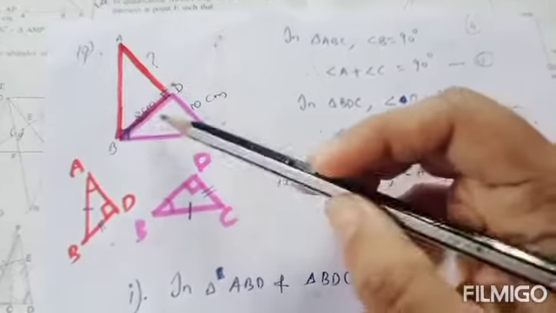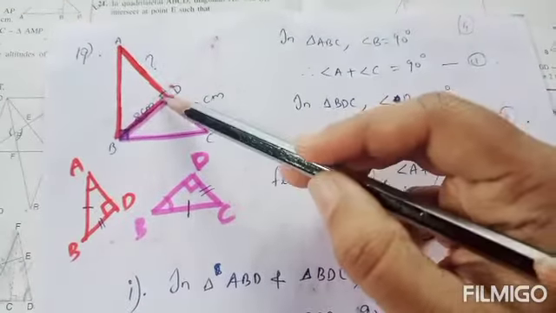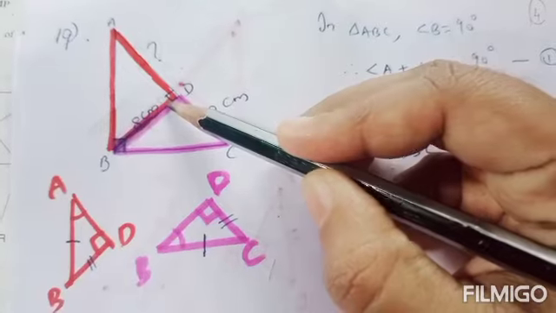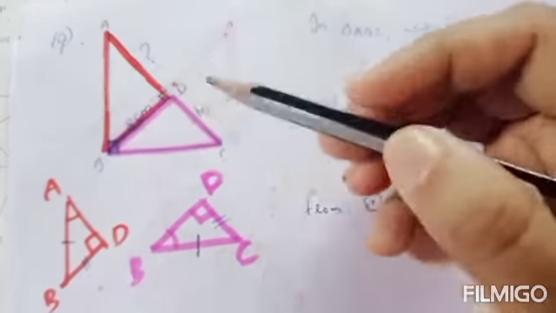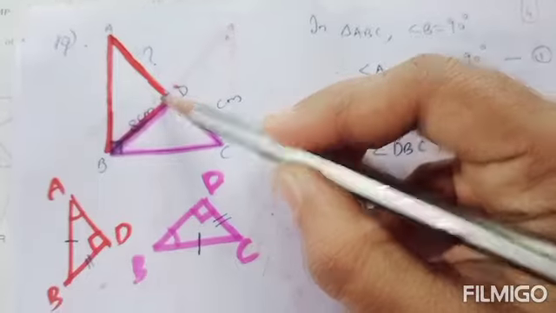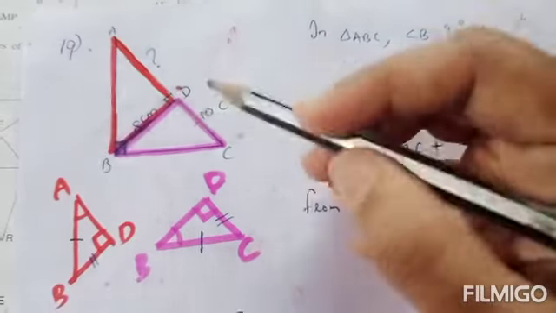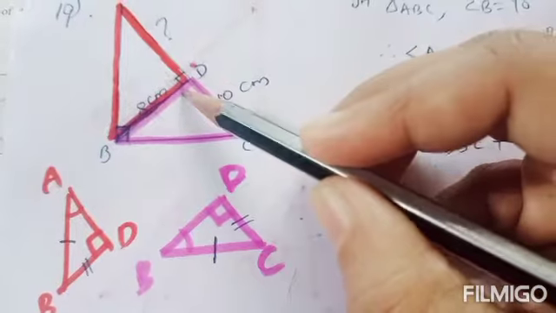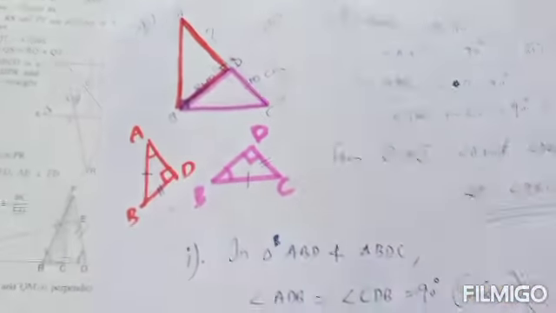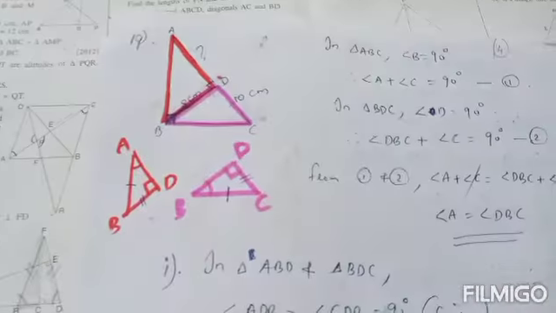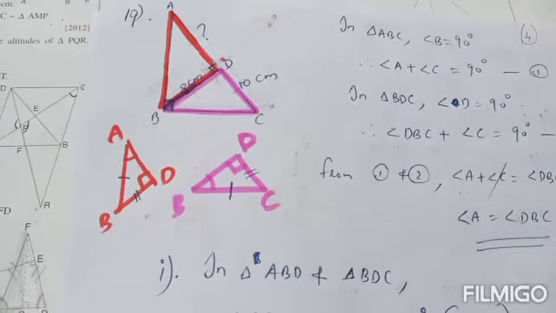Okay, but here, in case we are taking these two triangles, angle ADB equal to angle BDC, since they are 90 degree. This angle is 90 degree, angle ADB is 90 degree, so angle BDC will be also 90 degree. Okay, so that only we have. Here no other angles are equal, it is not given in the question.